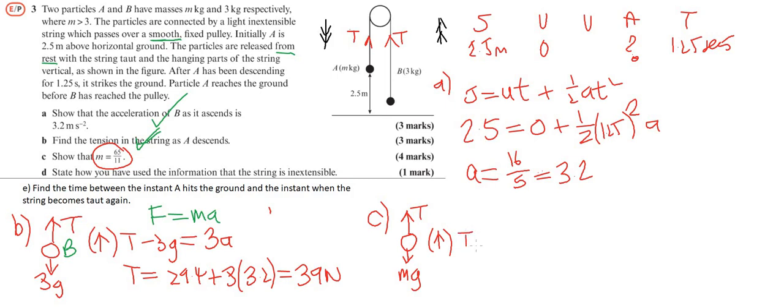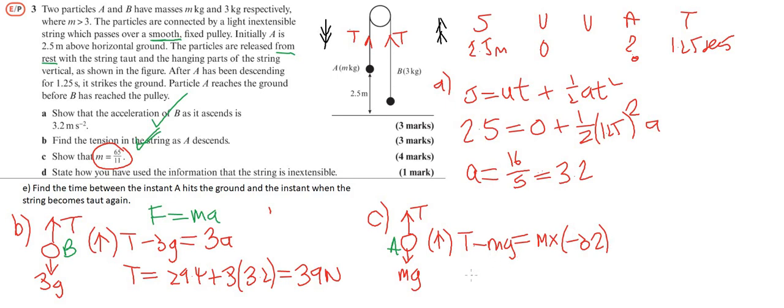So my T is positive and my mg is negative, and that's equal to my mass times acceleration. Now remember, we're resolving upwards, and we are this time working for particle A. Now particle A is going down, so that means that the acceleration is negative.